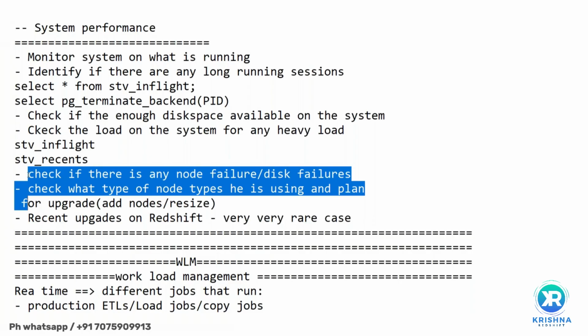For example, last Sunday they did some new patch on the system that may have badly impacted it. It generally doesn't happen, but sometimes it happens. But if you bring this system level performance issue to their notice, they will be able to confirm and tell you whether it is due to the latest maintenance, a node issue, or a disk issue.